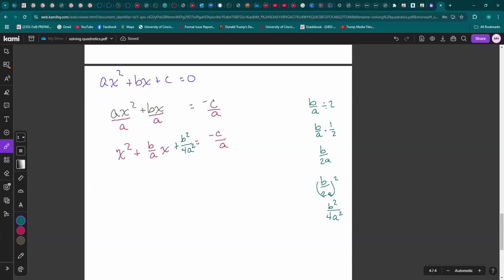Plus b squared over 4a squared. All right, so that gives me x plus b over 2a equals, now, if I want these to be added together, I'll write out what we have, but then we gotta leave some space for getting common denominators.